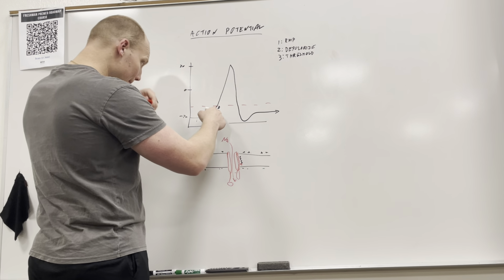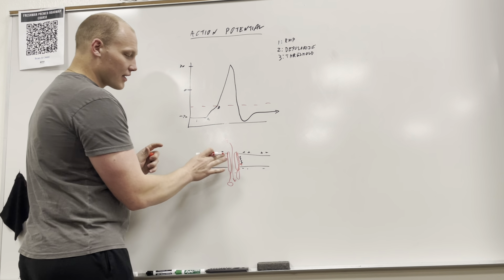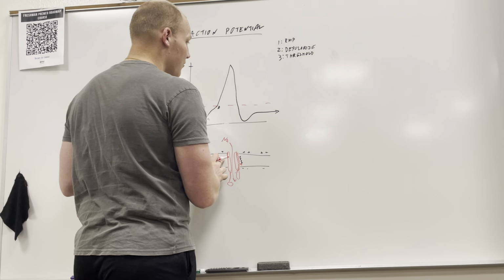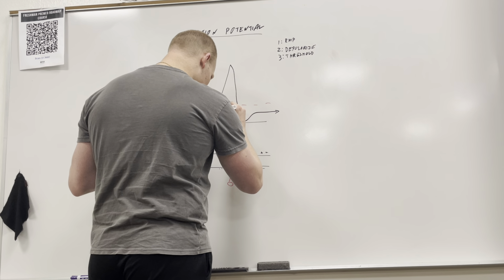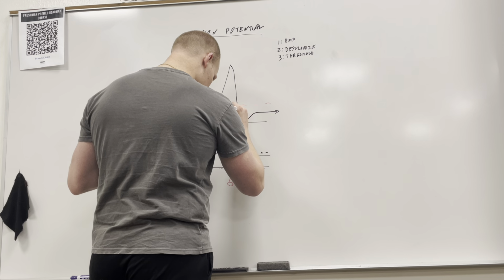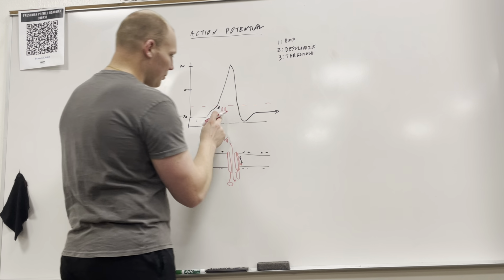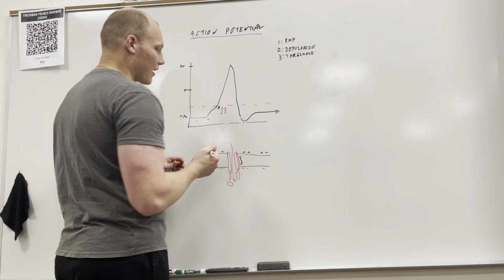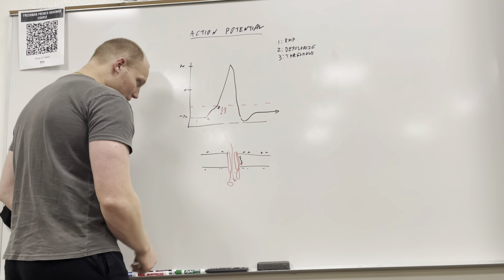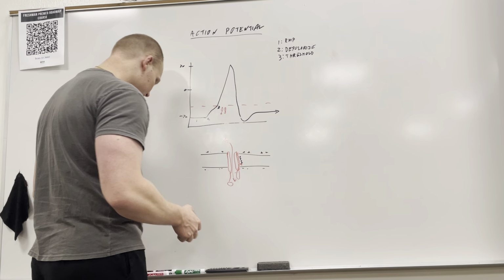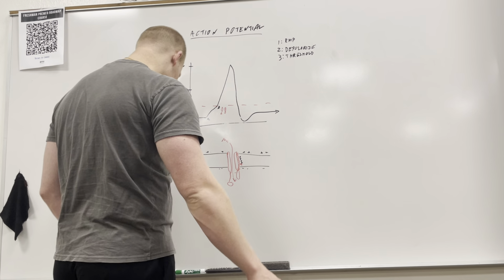At threshold, we get this voltage gated sodium channel open. So I'm just going to draw that right here. An open voltage gated sodium channel, right? But also at threshold, we have voltage gated potassium channels.